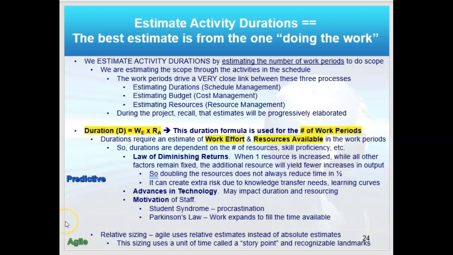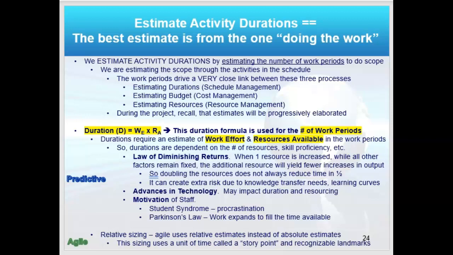Now in Agile, they will do estimating by doing relative sizing. So Agile is going to use relative estimates. Relative, good enough, close enough, that's fine, instead of absolute estimates. And the sizing uses a unit called a story point, which is a recognizable landmark.